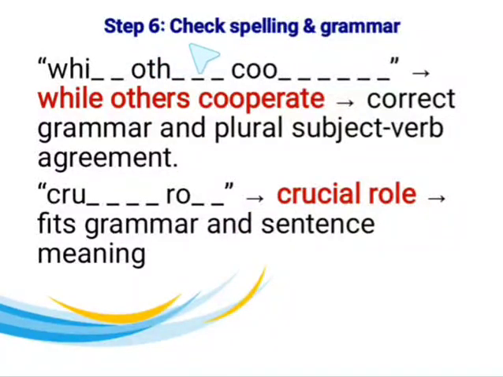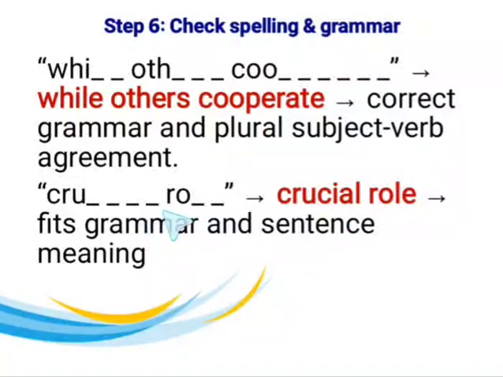Step number 6 is you have to check spelling and grammar. While others cooperate. Look, while is understandable because this is a conjunction, but why others? Why cooperate? Because others is a plural subject, cooperate is a plural verb, then it fits well because according to subject verb agreement, this is the best collocation, right?